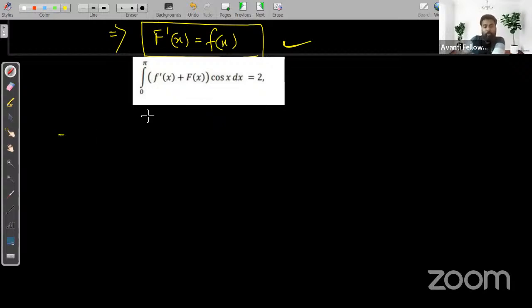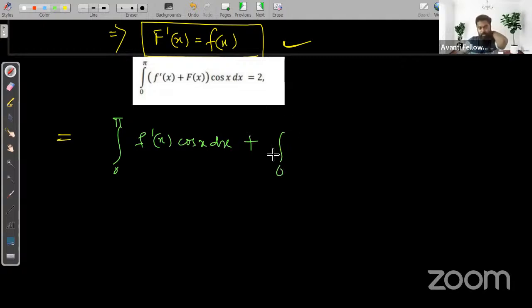Okay, if you open this, what are you getting? The integral from 0 to pi of f dash of x cos x dx plus the integral from 0 to pi of capital F of x cos x dx. So here we are getting two integrals, right?